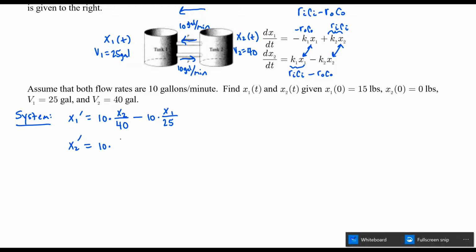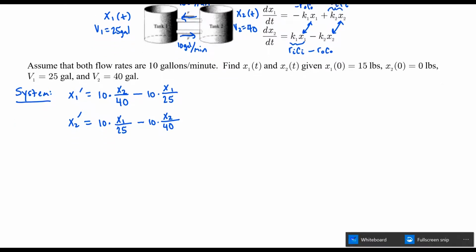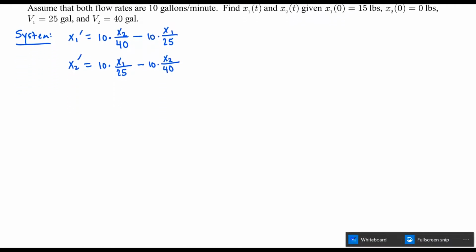and the concentration coming in is from tank 1, which is x sub 1 pounds of salt per 25 gallons. The rate coming out of tank 2 is 10 gallons per minute, and what's going out is x sub 2 pounds of salt per 40 gallons. We can go ahead and simplify this and write this in matrix form.